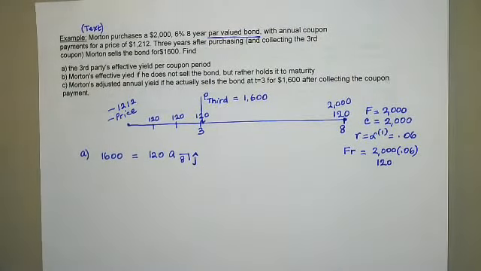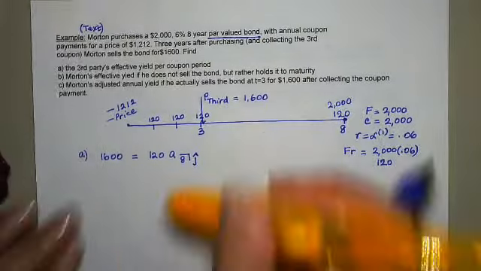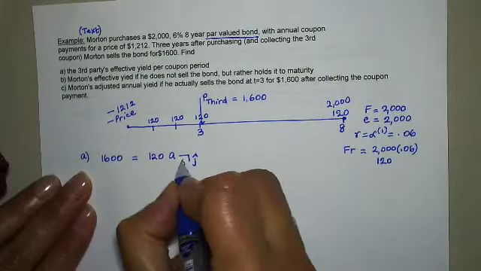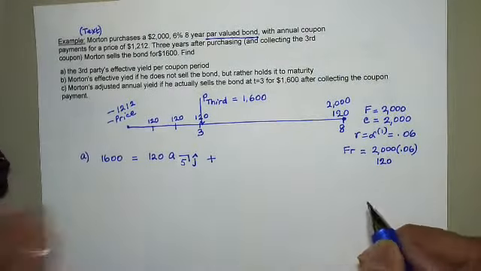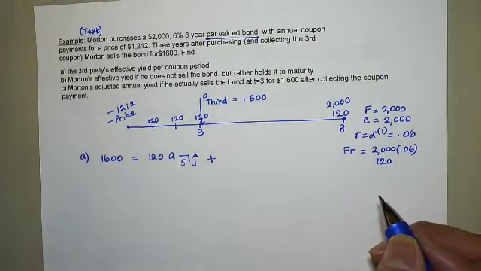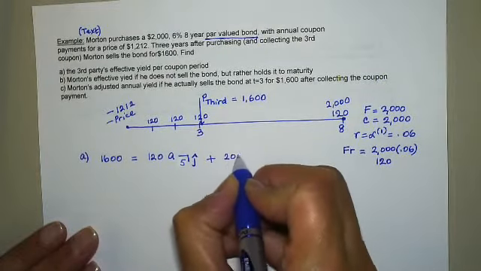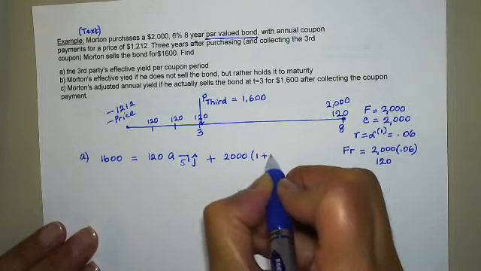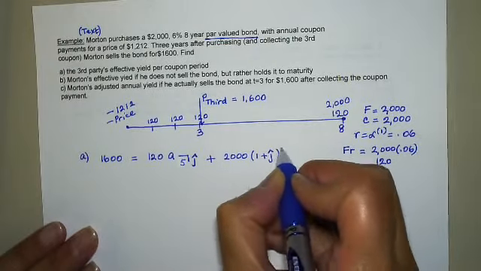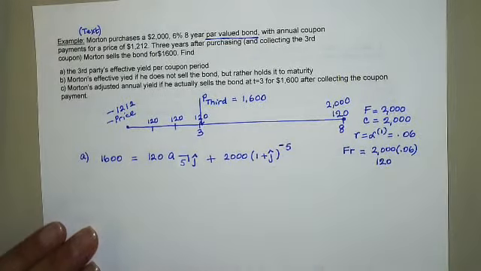1,600 equals 120 A angle 5 at some J. I'm looking for J. Let's call it J hat. Yeah, sorry, let's get rid of that. A angle 5, plus redemption.